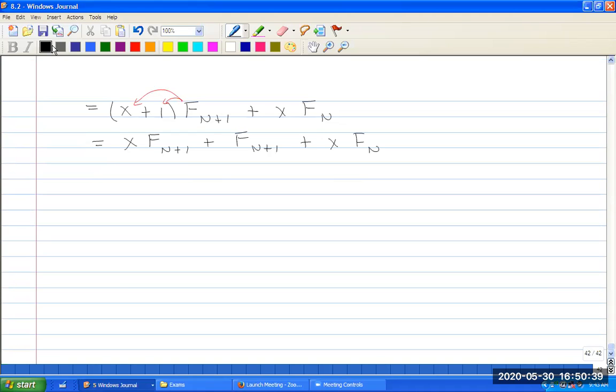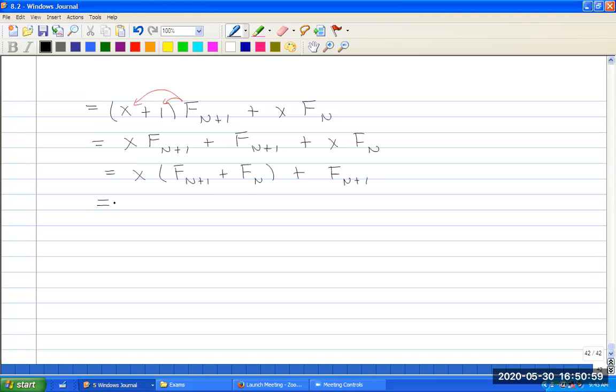And so this is equal to x times, well, I can group the first and last terms together, f sub n plus 1 plus f sub n, plus the last term.